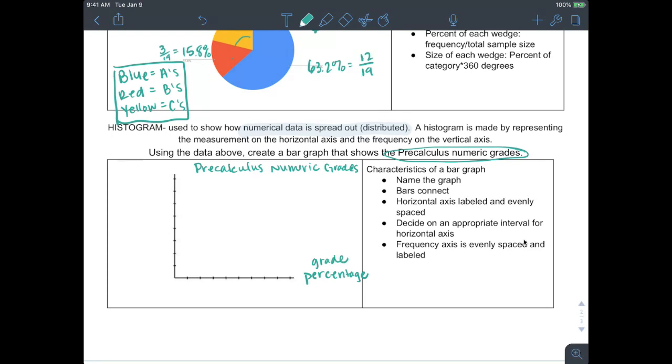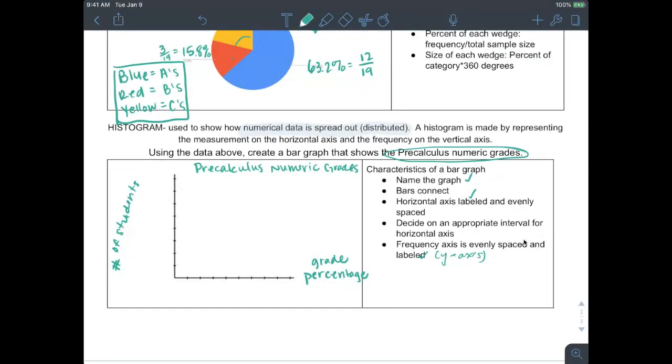And then the y-axis is the number of students. Okay. So I named the graph. I'm going to connect the bars this time. We labeled the horizontal axis. We labeled the frequency axis, which is the y-axis.